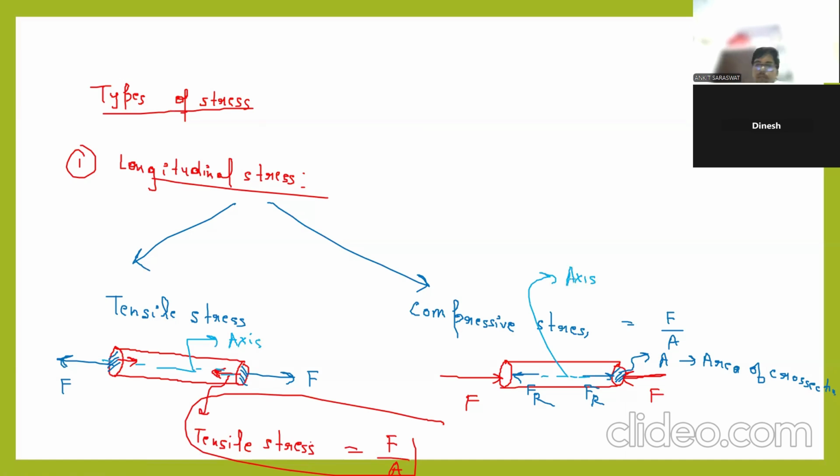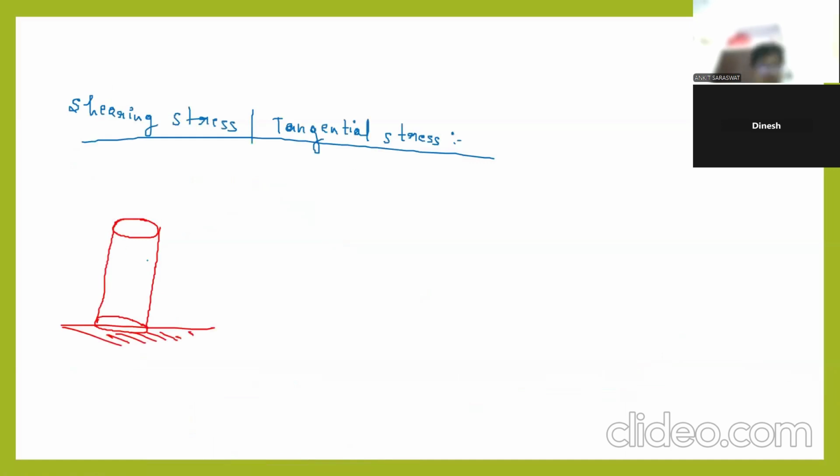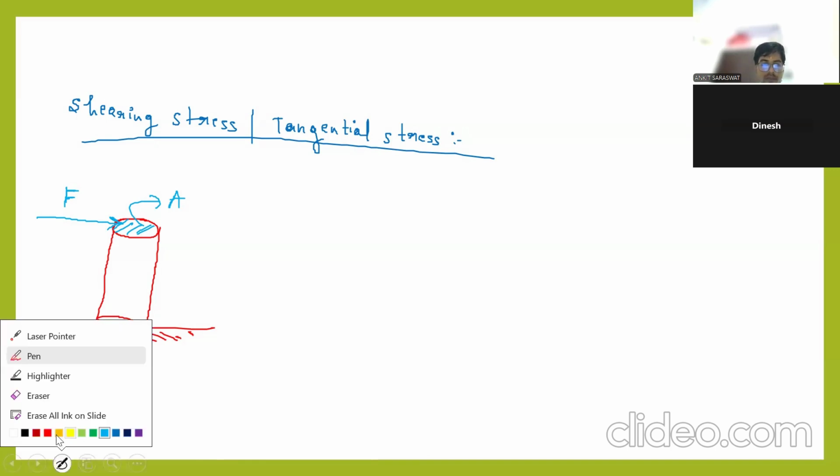Parallel to axis. But in case of shearing stress, you can check on this cross section. This is the surface. On this surface, you are applying a force parallel to the surface. So shearing stress, tangential stress, is when the force is tangent to the surface, or we say cross section area.